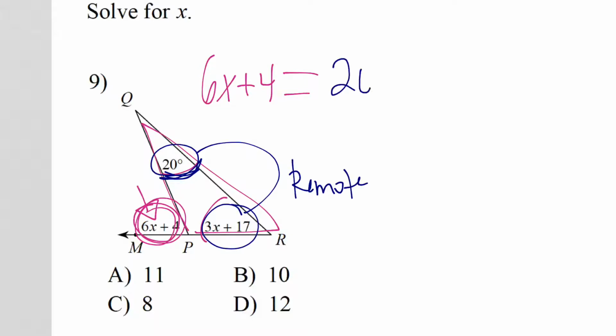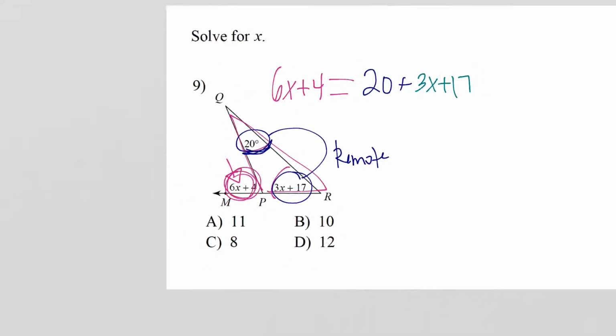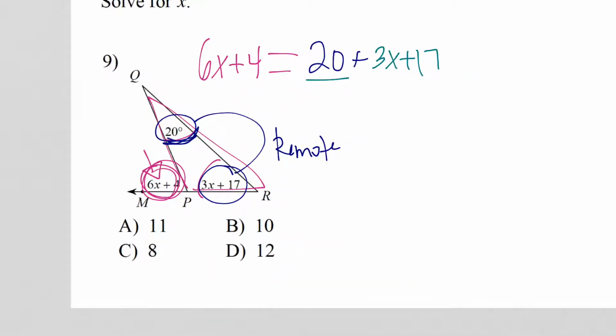So 6x plus 4 will equal 20 plus 3x plus 17. So I'm going to combine like terms on the right-hand side, which are 20 and 17. And I'm going to get 37 plus 3x, because 20 plus 17 is 37. I'm going to bring down 6x plus 4.